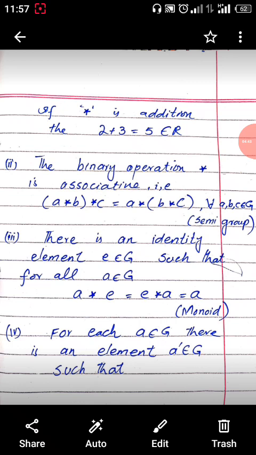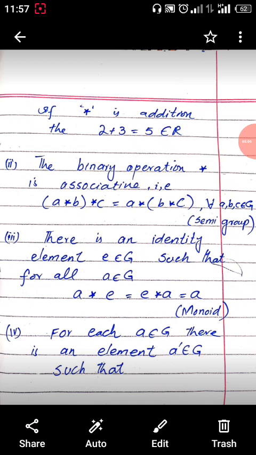For example, if the operator is multiplication, then e = 1, and for a = 2, 2 multiplied by 1 equals 1 multiplied by 2, which equals 2. If these three conditions hold, then we say that it is a monoid. It has a special name, monoid.